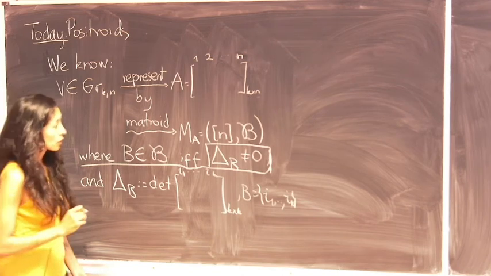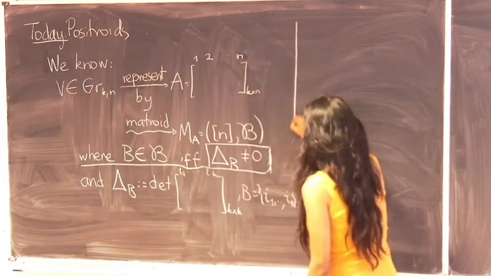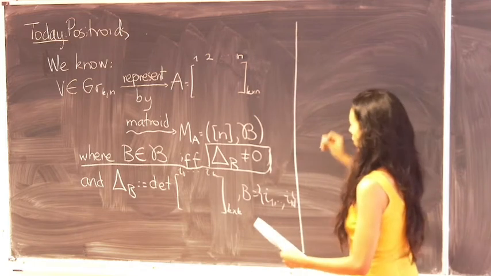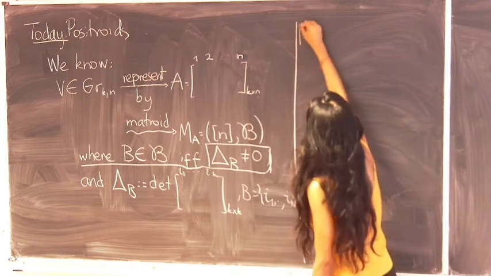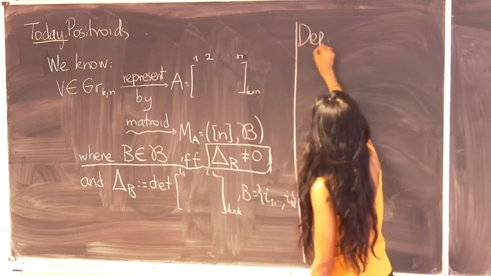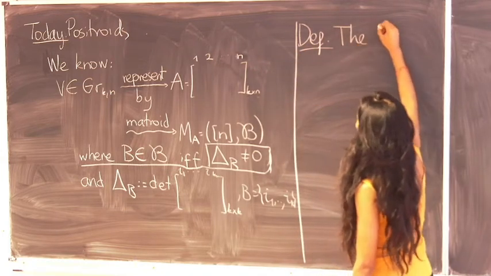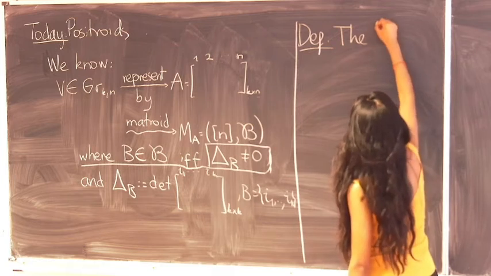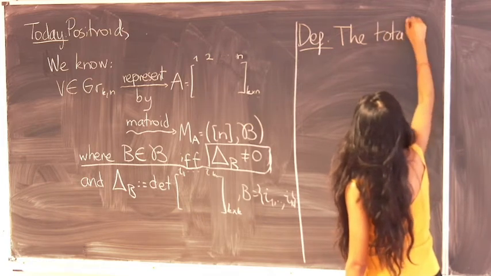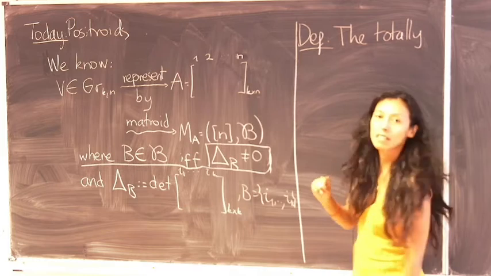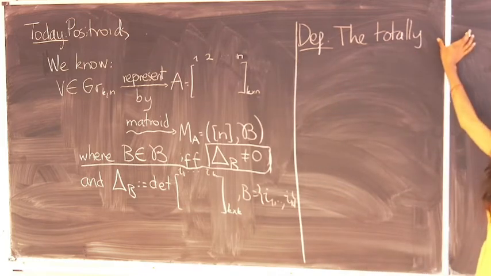Okay, so I'm going to define what we will call the totally non-negative Grassmannian. If I were to write here in the middle, it can be okay, so then I'll stick to this side.